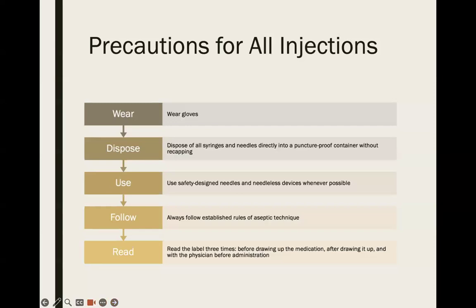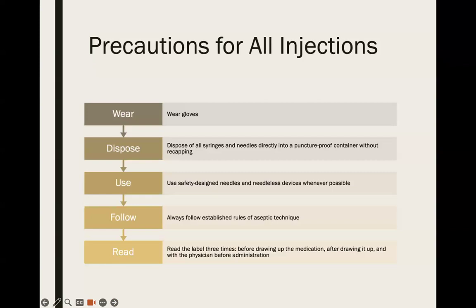So anytime we start an IV for venipuncture or we're dealing with an IV site, taking the IV out, like a nurse may have started it for us but then we're going to take it out, we need to always practice standard precautions. So we want to always make sure we wear gloves.